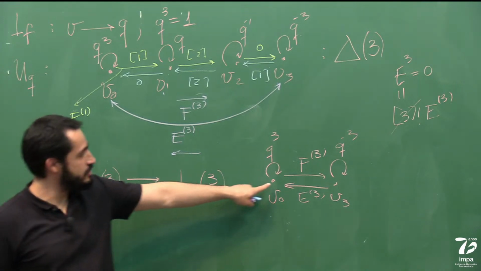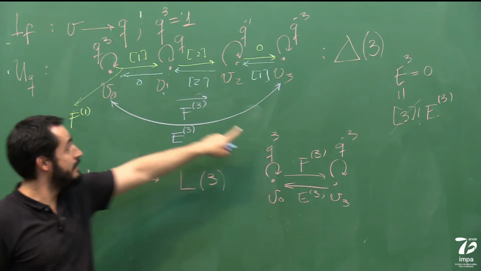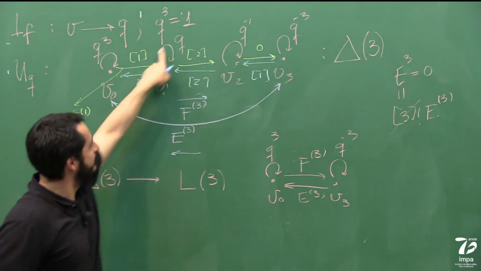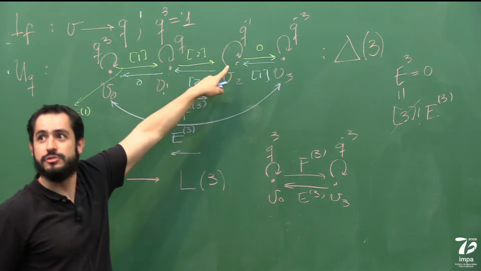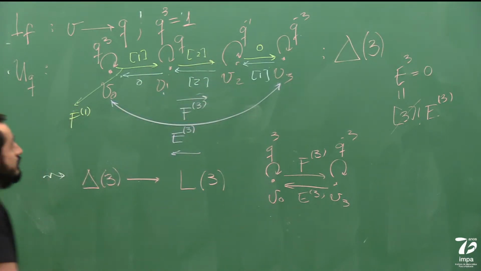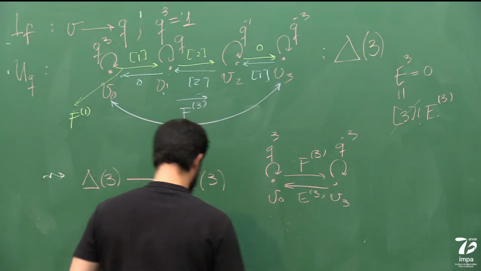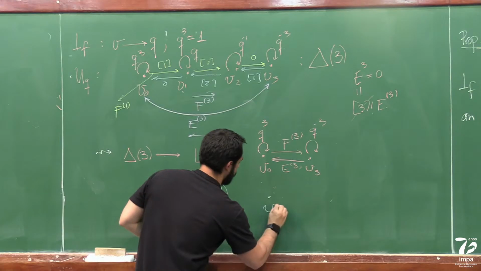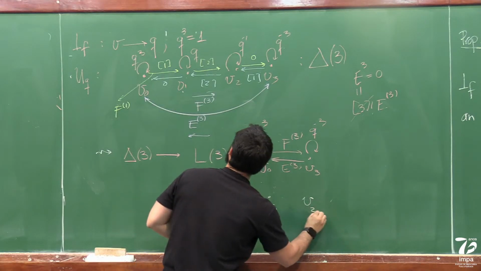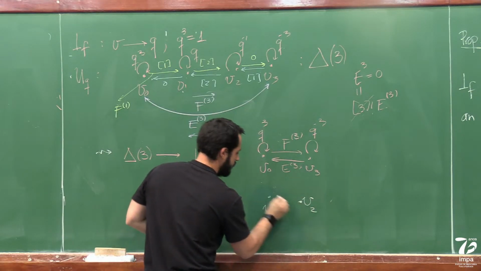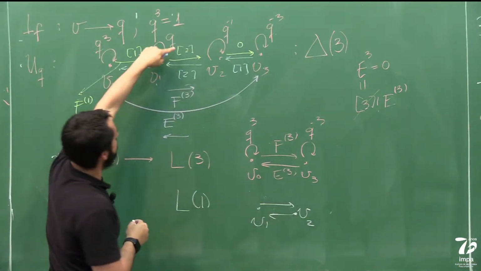This is a two-dimensional module with weight 3. But this little part here is a submodule. It's also irreducible. So I also have L1, which is B1, B2, the usual action, these two guys, just 2 and 2.